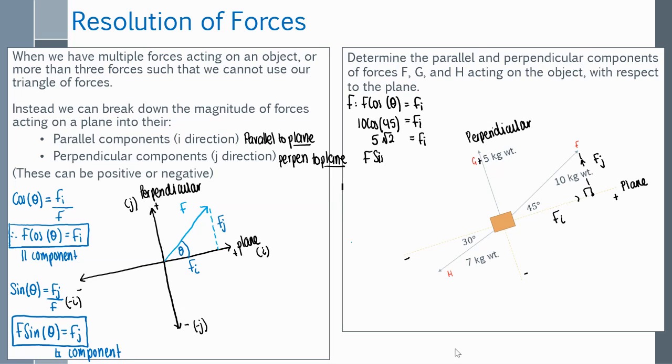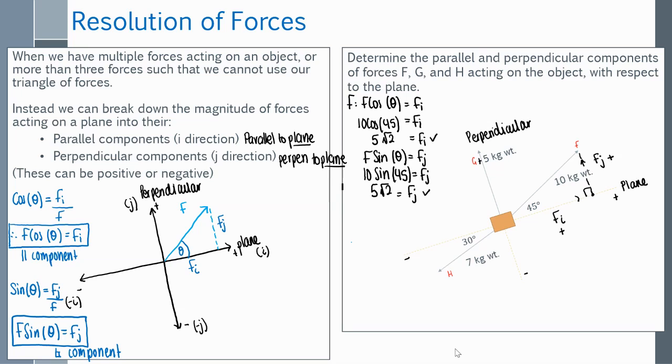This is positive because Fi is going in the positive direction of the plane. For Fj, we do a similar thing, except this time it will be sine theta. Sine 45 is root 2 on 2, so we get the same thing: the perpendicular component is 5 root 2 kgWt. Again, this is positive because this perpendicular component is upwards.